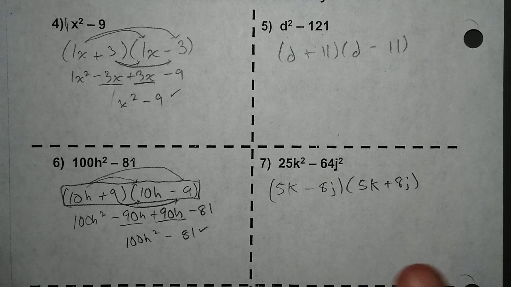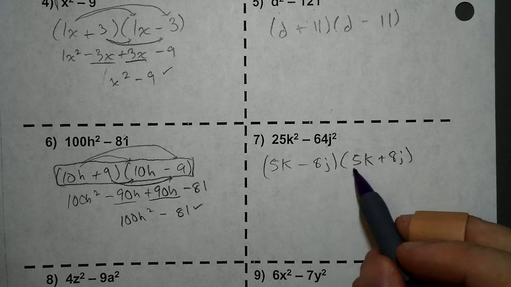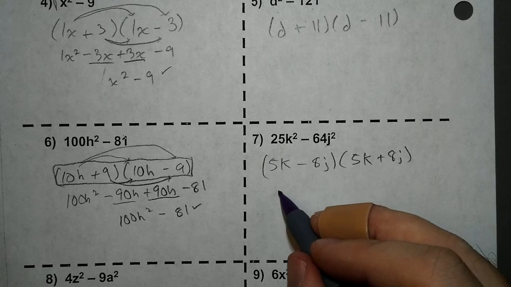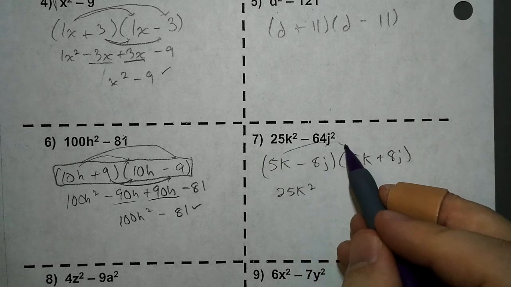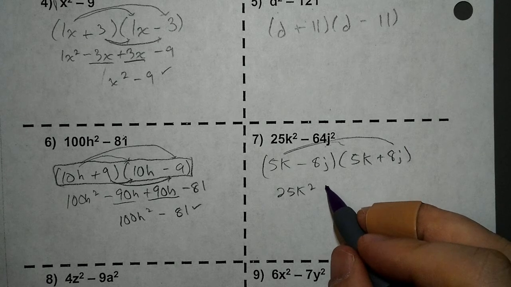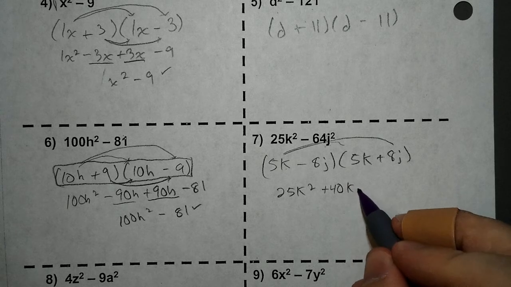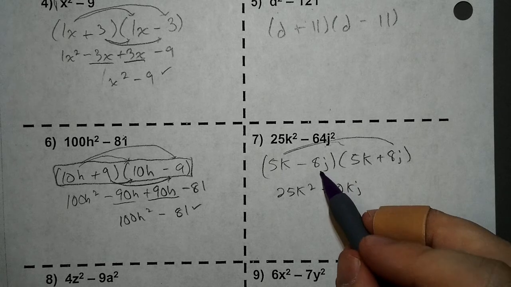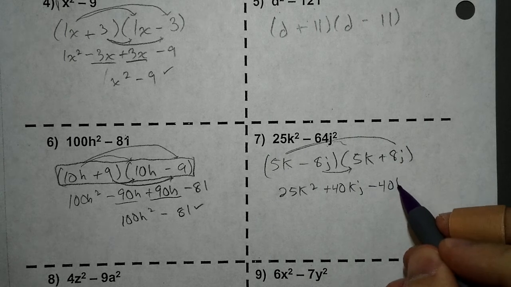Now we're going to FOIL this one and check it. When I do 5k times 5k, I get 25k squared. When I go 5k times 8j, 5 times 8 is positive 40, and we have a k and a j, so kj. Move on to the negative 8. Negative 8 times 5k, negative 40kj.